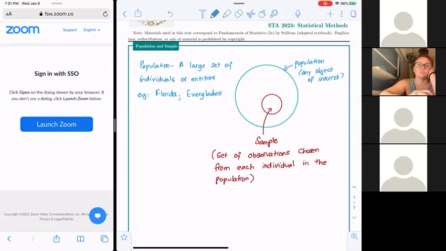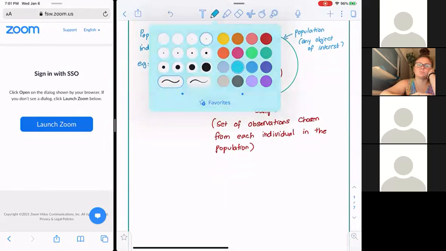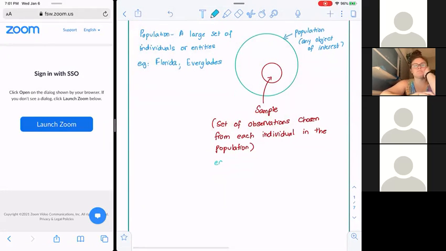The sample would be the set of observations that we select or measure from each of those individuals in that population. So a random sample of 20 Floridians will be a sample relating to my Florida example over here.